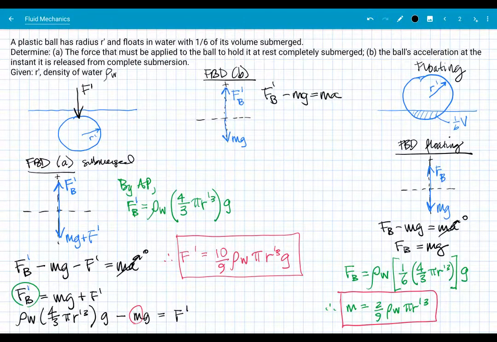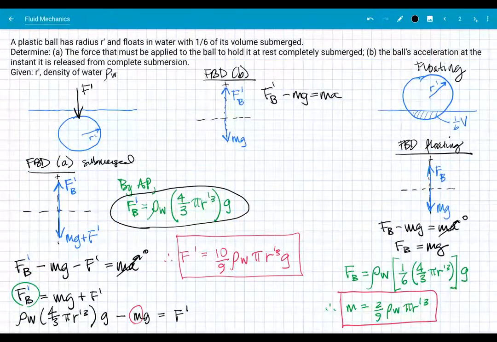Now I'm interested in a, what that is, right? So buoyant force prime, remember, I know what that is now. I found that down here, remember? So super handy. I can sub that in for my buoyant force here. And there's also m as an unknown, but remember that we found m, right?